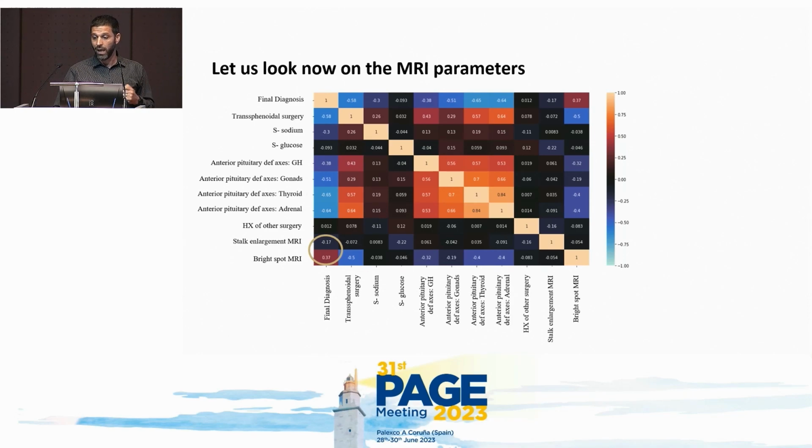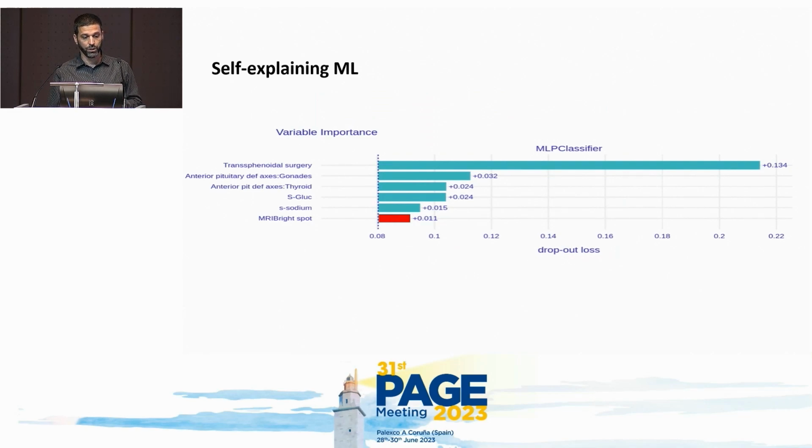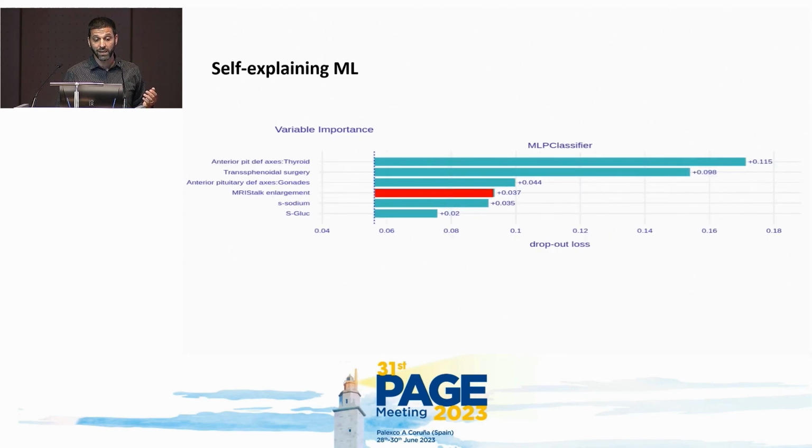So for that, I'm going to self-explaining machine learning. Self-explaining machine learning does not only do the classification, it also tells us how important the parameter is for the classification. And I see, for example, here the MRI bright spot was not so important, and from the other side, the MRI stalk enlargement was better.